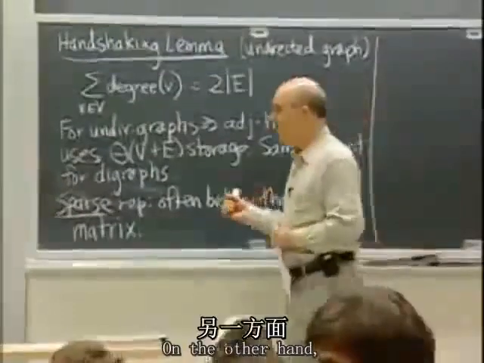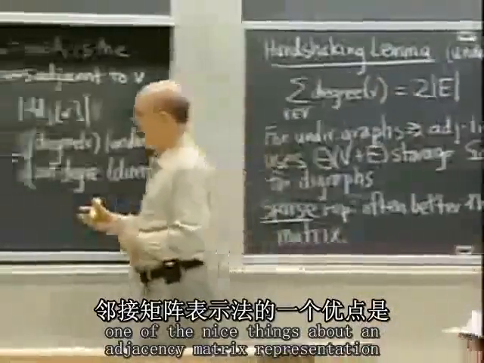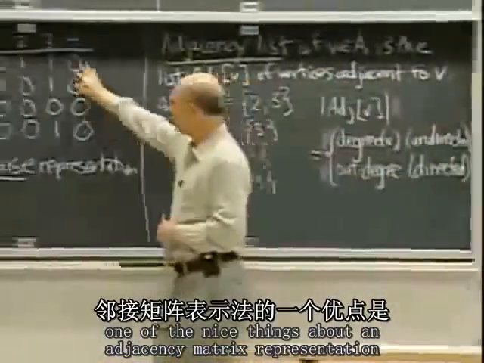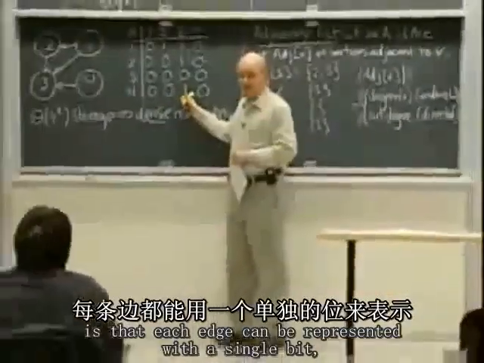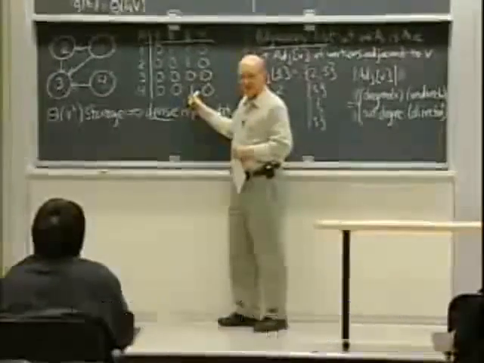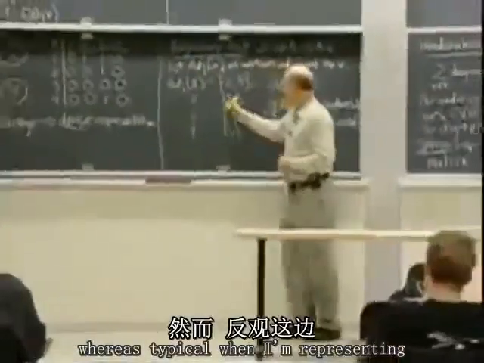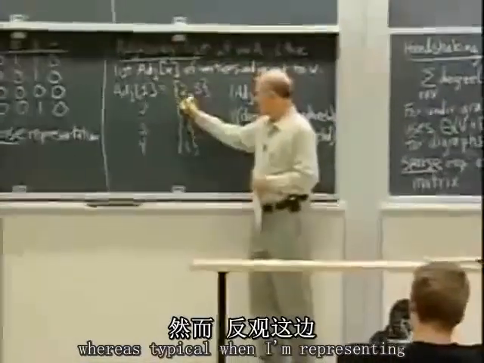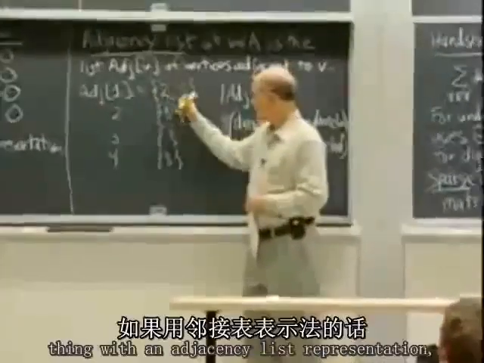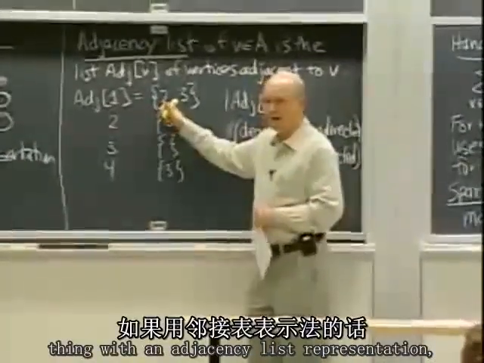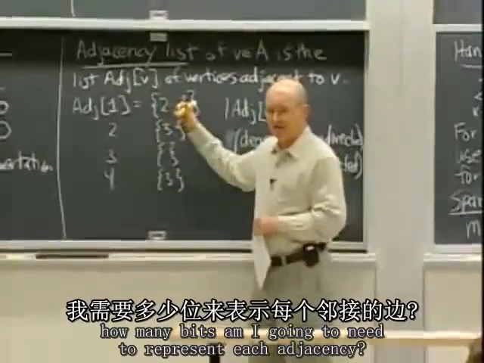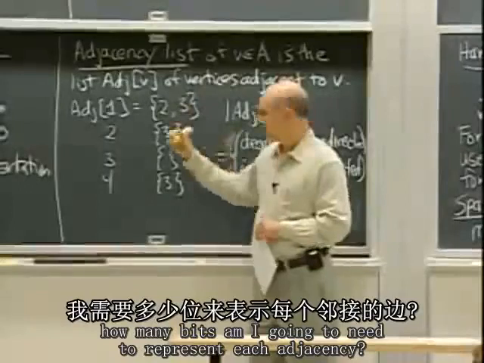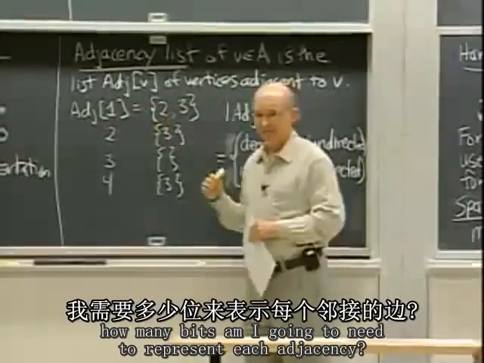On the other hand, one of the nice things about an adjacency matrix representation is that each edge can be represented with a single bit. Whereas typically when I'm representing things with an adjacency list representation, how many bits am I going to need to represent each adjacency?